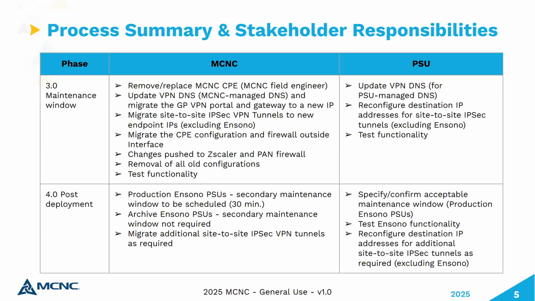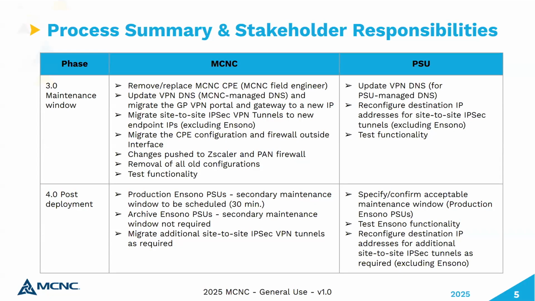Okay, very good. And then in terms of post-migration, the primary focus again will be on the VPN piece. Production Insono PSUs will work with us to schedule a secondary maintenance window. That maintenance window will be much shorter.